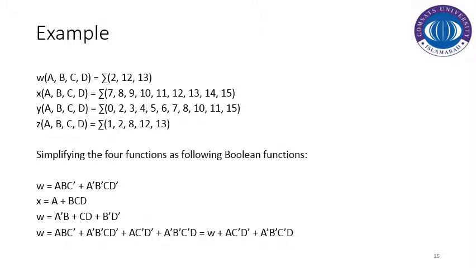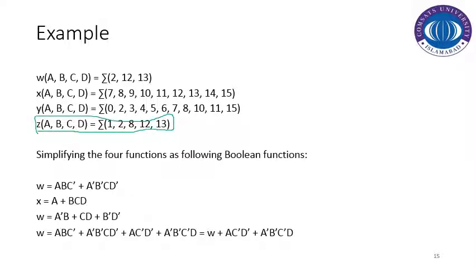For example, here we have four functions of four variables A, B, C, D, and the functions are W, X, Y, and Z, which have some specified terms here. We can see that some of the functions, for example the W function, consists of 2, 12, and 13, can be replicated by implementing the Z function here.